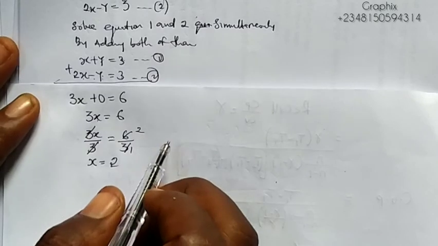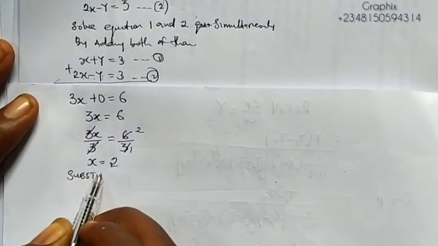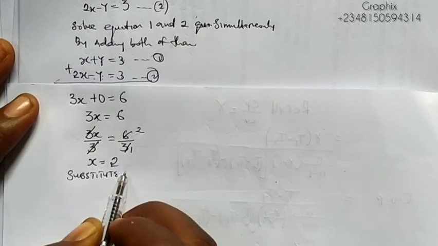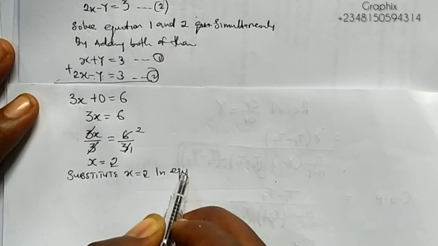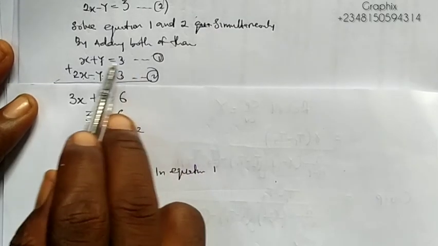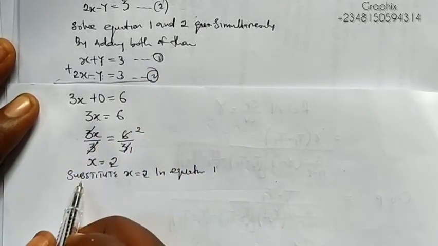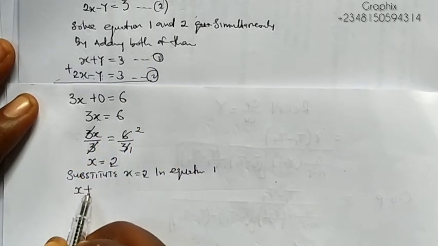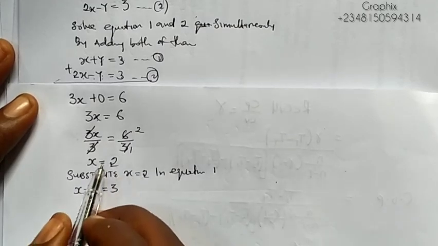Now you substitute x equals 2 in equation 1. This equation here or equation 2, any of them, you get the same value. So for equation 1, I have x plus y equals 3. Anywhere I see x, I put 2.